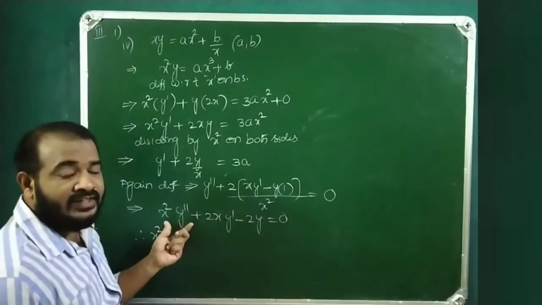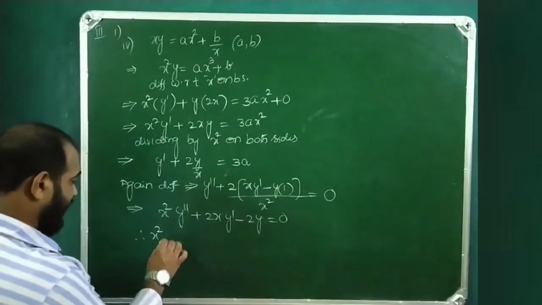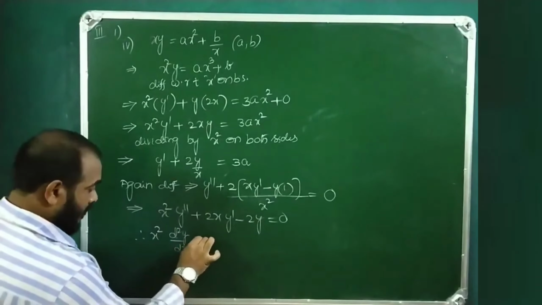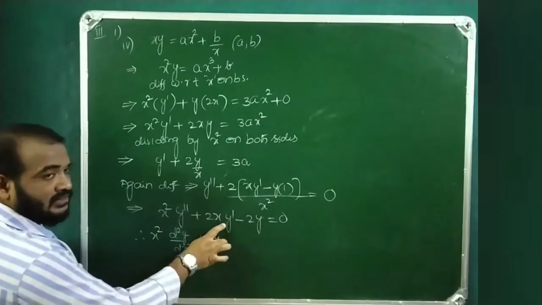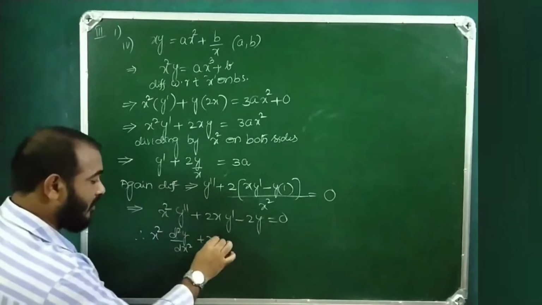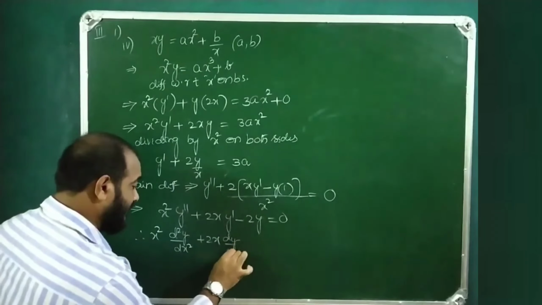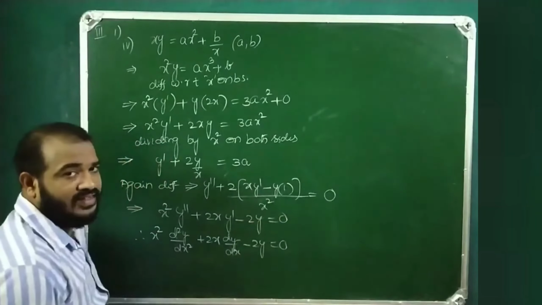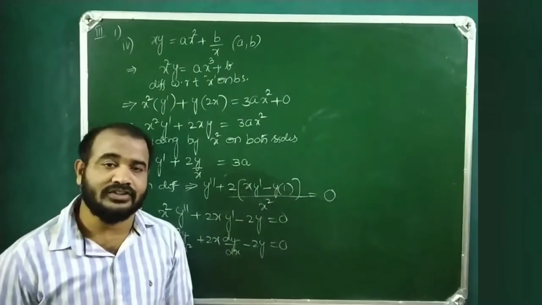Y double dash is the second order derivative, d square y by dx square, plus 2x. What is y dash? Differentiating y with respect to x, then we get dy by dx. That is the first order derivative, dy by dx minus 2y equals to 0 is the required differential equation.